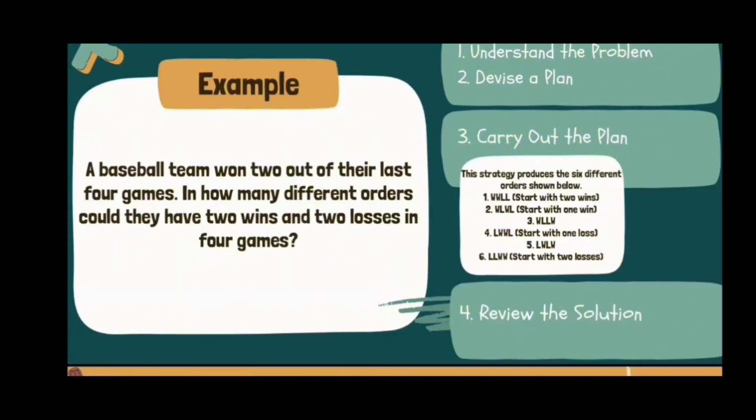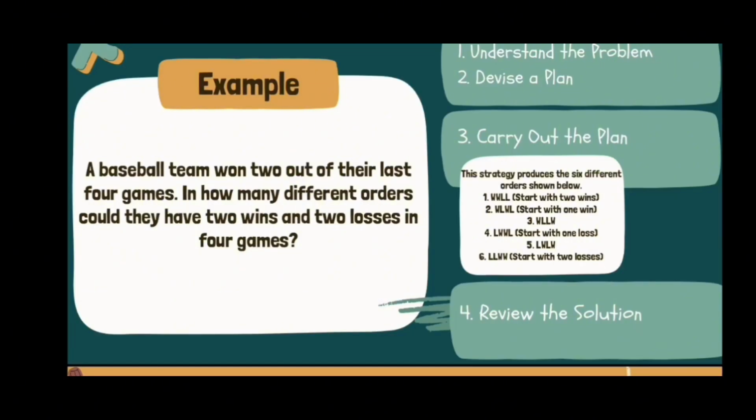Second is devise a plan. To systematically count all the valid orders without missing any or counting duplicates, an organized list will be created. This method ensures each possibility is listed exactly once. Next is carry out the plan. Using a structured approach, the possible orders will be: start with 2 wins.